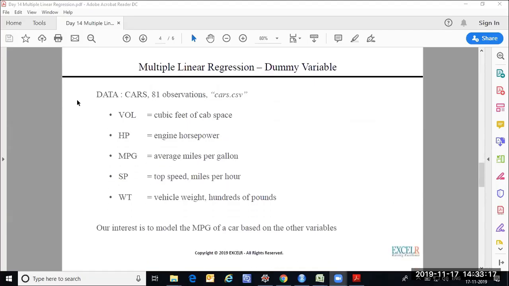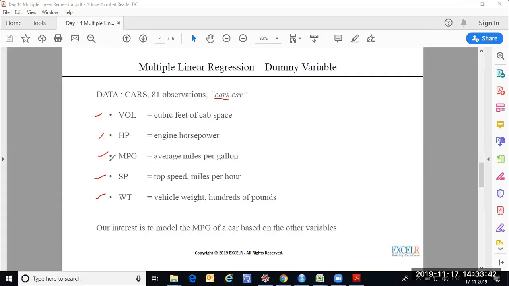Now, this is the case study that we are going to solve for multiple linear regression, wherein this is a cars data set, wherein we have 5 variables in that: volume, horsepower, mileage per gallon, speed, and weight. What is the output variable in this that we need to predict?